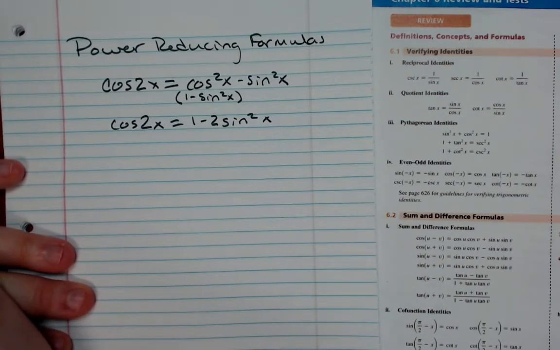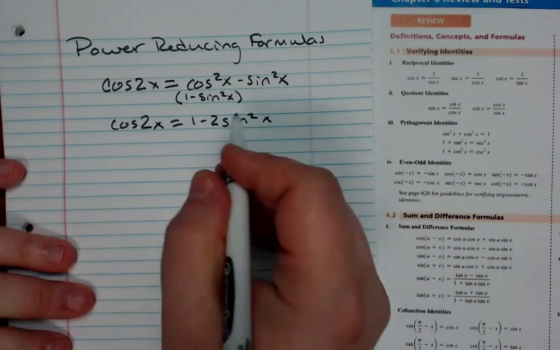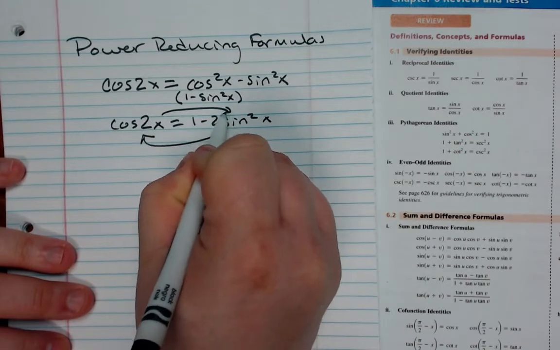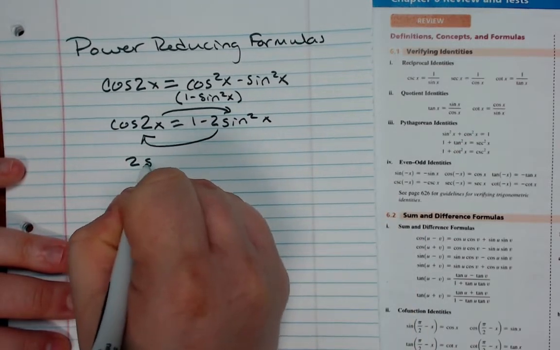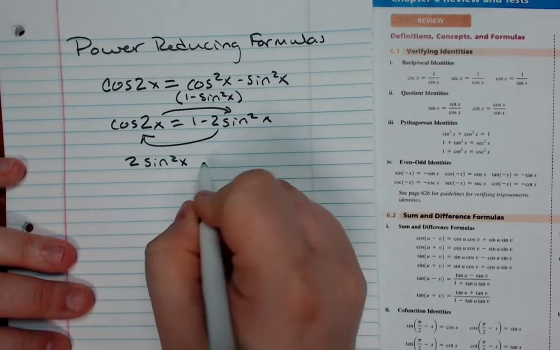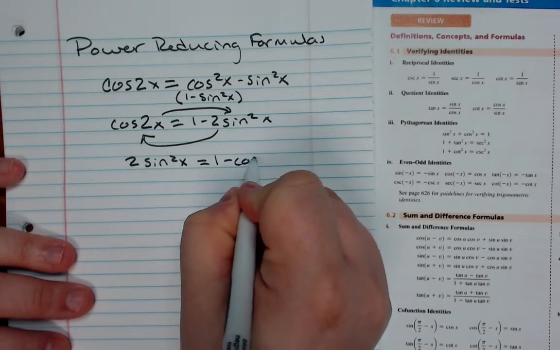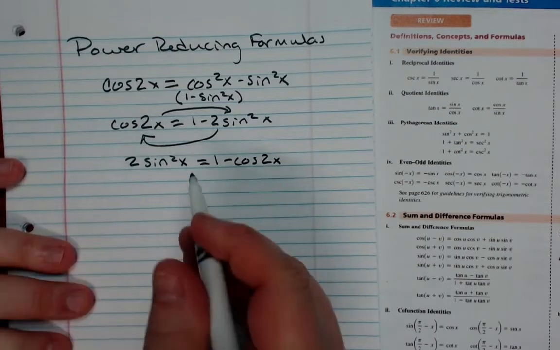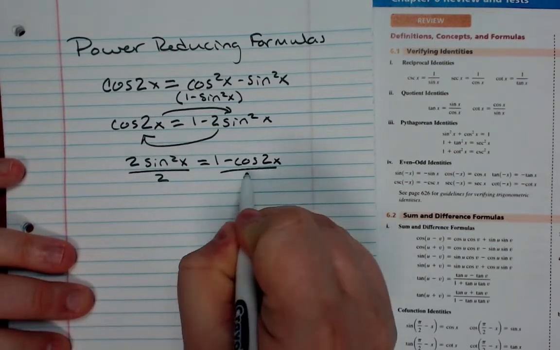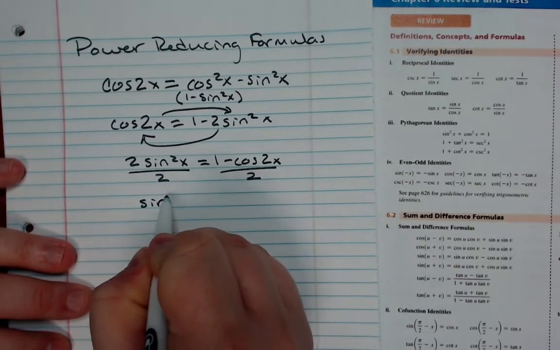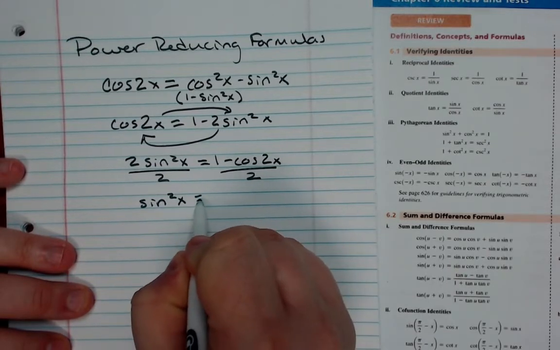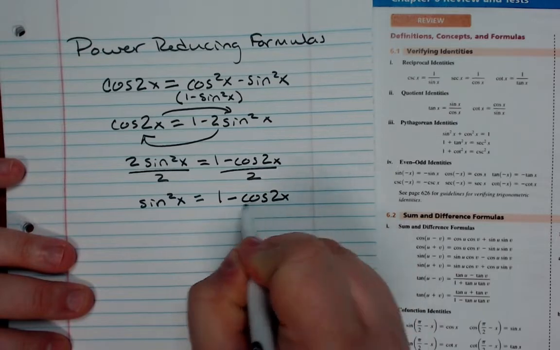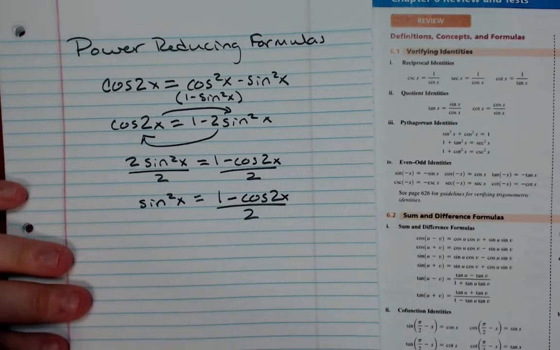Now, if I move this 2 sine squared x to this side, and I move this cosine 2x to this side, I get 2 sine squared x equals 1 minus cosine of 2x. If I divide both sides by 2, I get sine squared x equals 1 minus cosine of 2x over 2.